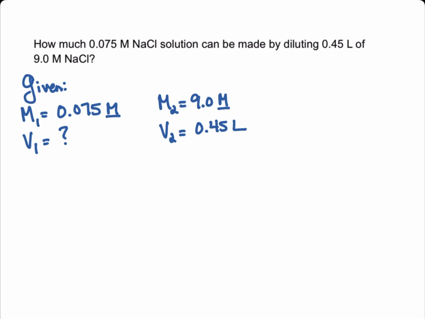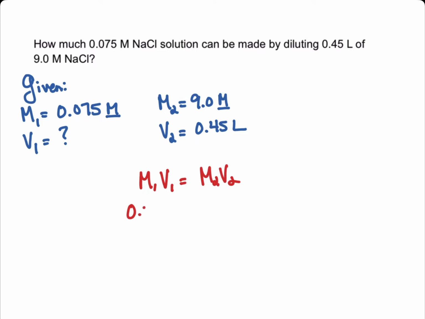It is necessary to make sure that you put the conditions with the correct solution. So 9 molar goes with 0.45 liters. My unknown volume goes with 0.075 molar. There's a formula that relates dilution, and that's M1 times V1 equals M2 times V2.